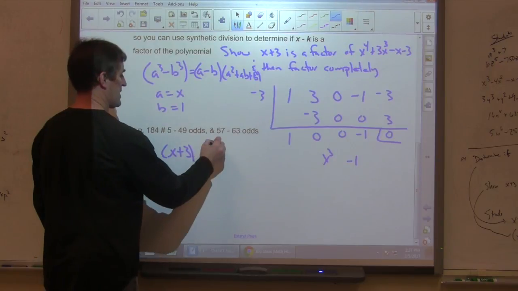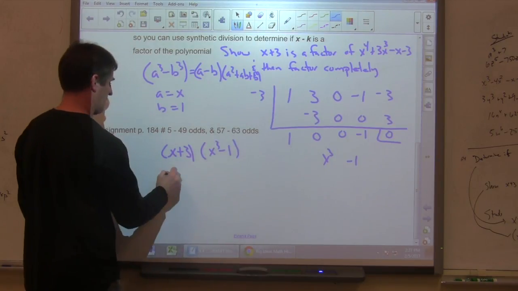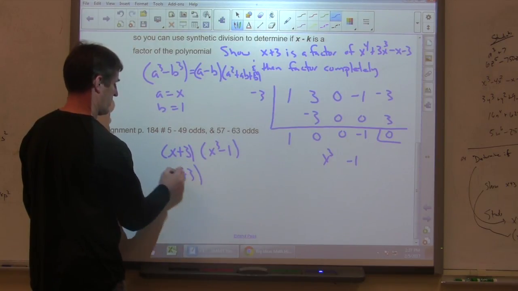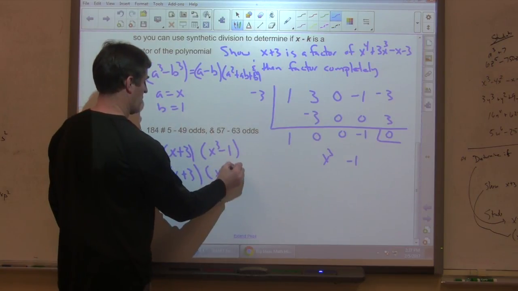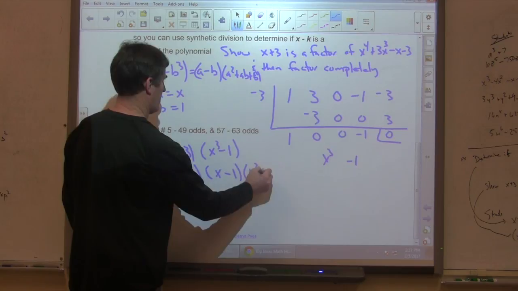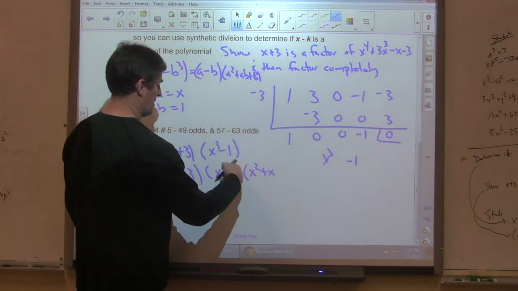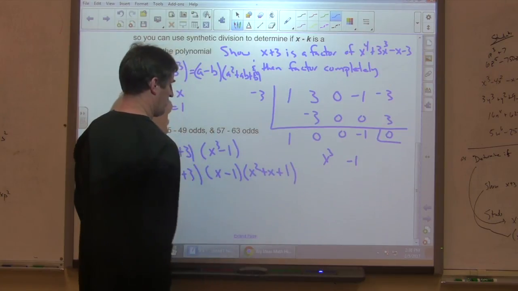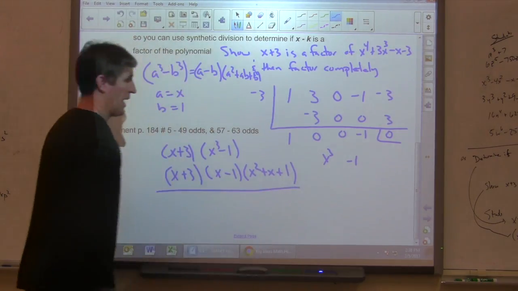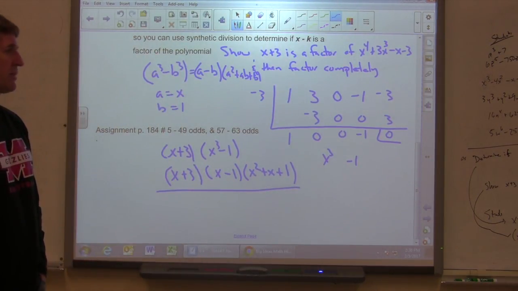So we had this, x cubed minus 1, but we have to factor it completely. And so that would be x minus 1, and then x squared plus x, because 1 times x is x, plus b squared, which is 1. And so that would be factored completely.